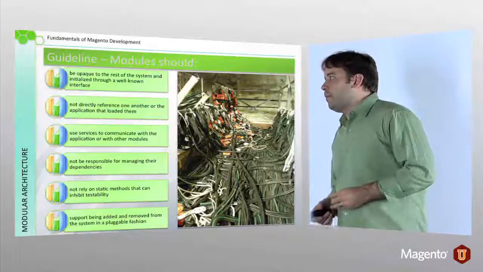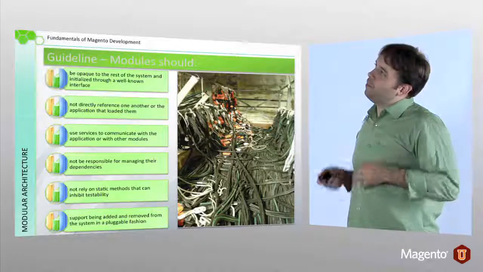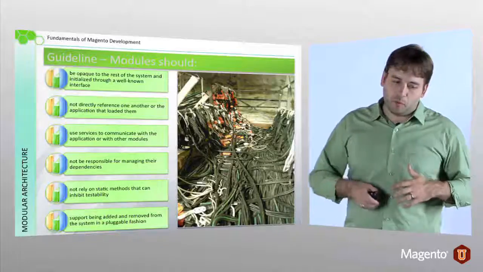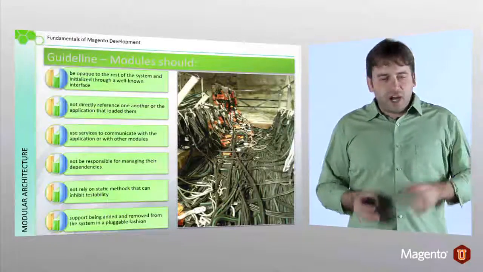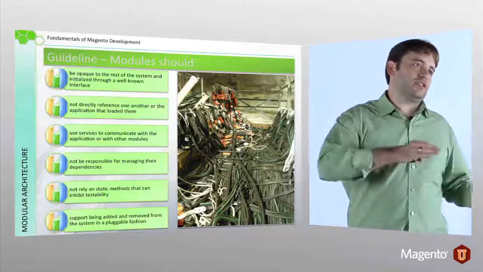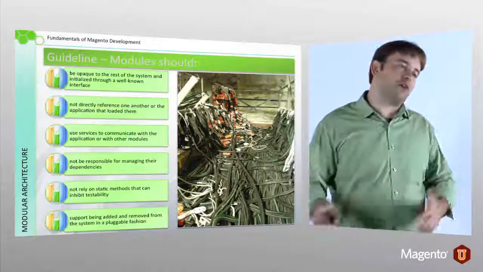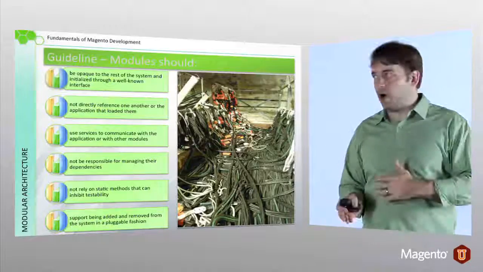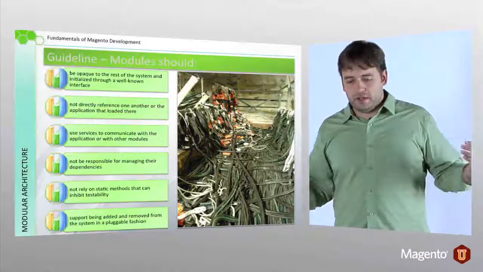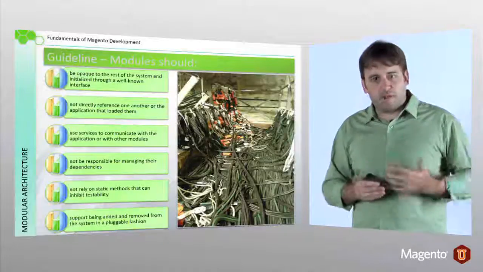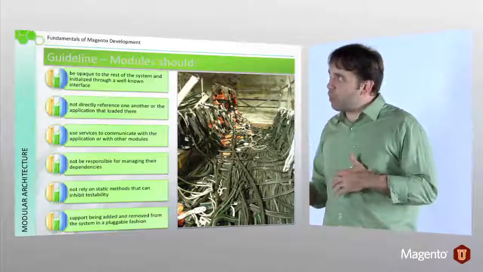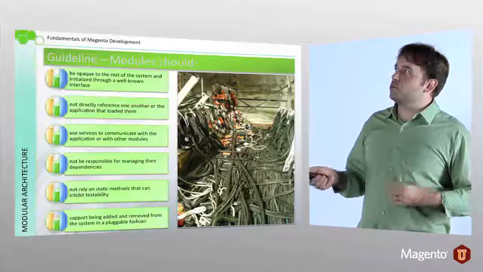Ideally, how a module functions internally isn't tied too closely with too many other things in the system. Basically, your module should know very little about other modules, and likewise. And any time that you need to connect modules together, you should do that through some kind of interface. That's what we mean by keeping your module opaque.